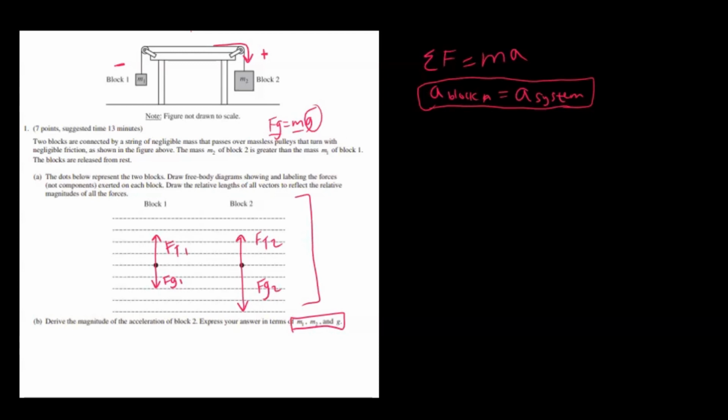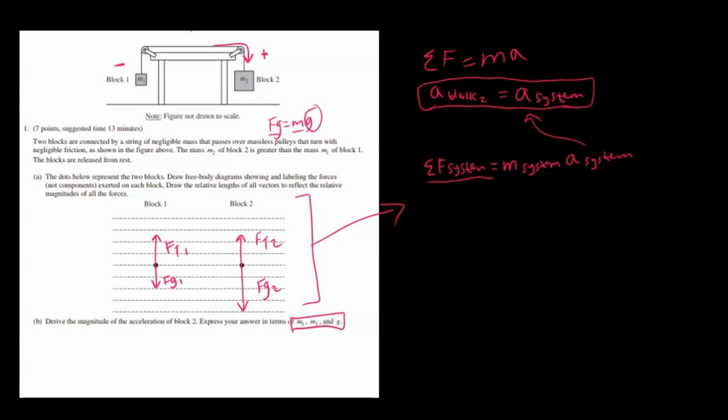And we can transfer that over to the sum of the forces in the system is equivalent to the total mass of the system times the acceleration of the system. And we know we want to find the acceleration of block 2, and the acceleration of block 2 is equivalent to the acceleration of the system. So first, let's just take a look at the sum of all the forces.